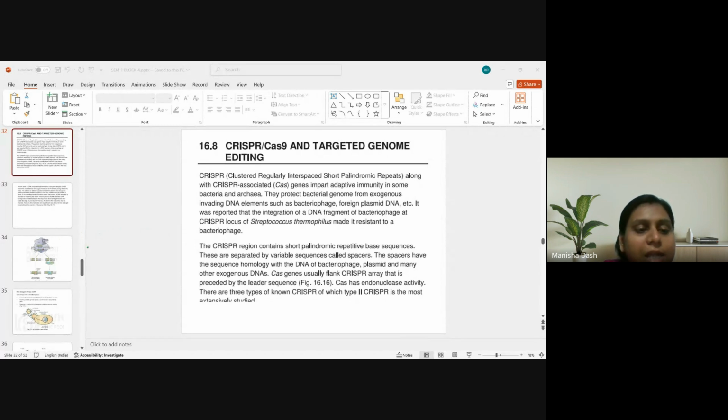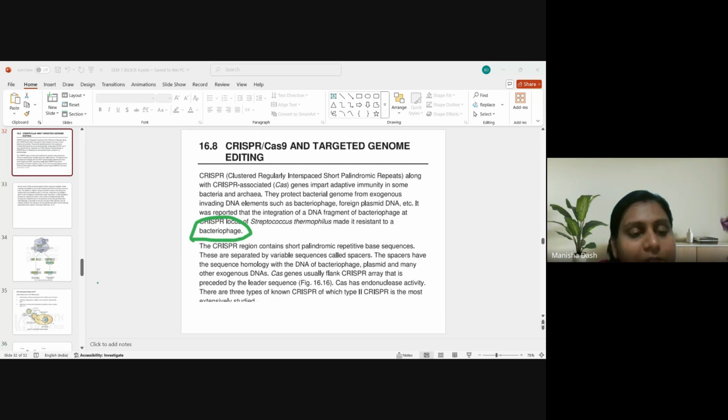It was reported that the integration of a DNA fragment of bacteriophage at the CRISPR locus of Streptococcus thermophilus made it resistant to a bacteriophage. So the CRISPR region contains short palindromic repetitive base sequences. They are separated by variable sequences called spacers.